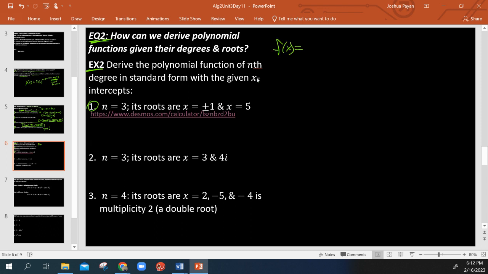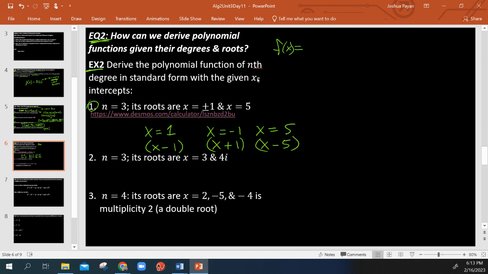We'll probably just call all of them f of x. F of x equals, well, if x is equal to positive 1 and x is equal to negative 1 and x is equal to positive 5, well, that means my linear factors associated with these solutions are going to be as follows.